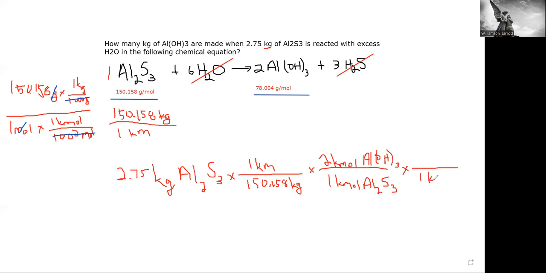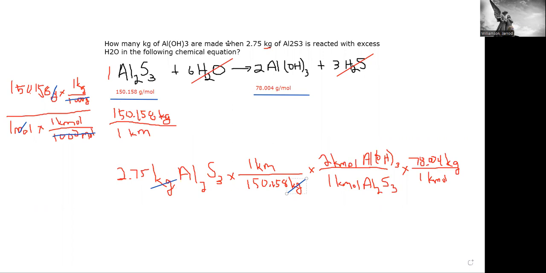Then 1 kilomole of Al(OH)3 is equal to 78.004 kilograms of the aluminum hydroxide. So kilograms cancel with kilograms.